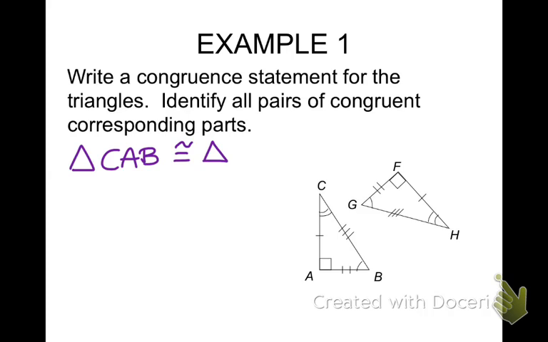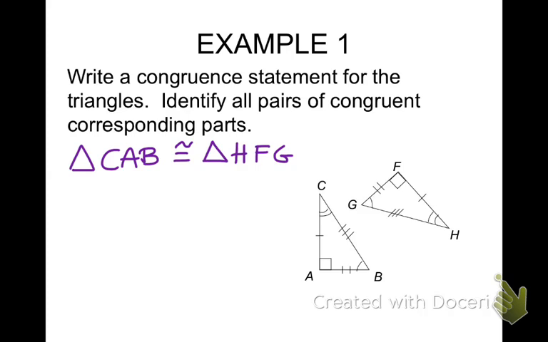It's the same thing. So I'm going to make sure I do the same order. A in this triangle is the right angle. What's my right angle over here? F. Good. And then we would be left with the last option, which is G. So my congruent statement is saying that triangle CAB is congruent to triangle HFG.